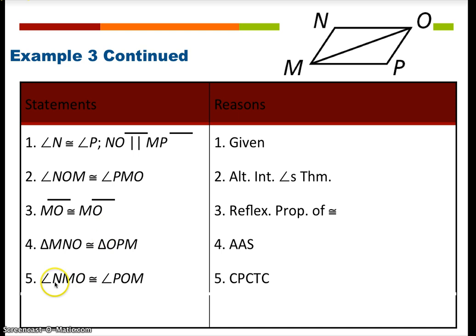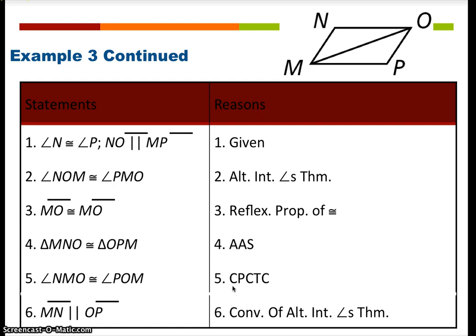So we're going to say that those two angles are equal. Why? Because they're corresponding parts of congruent triangles, therefore congruent. And now that those two angles are congruent, we can say that yes, the lines are in fact parallel by the converse of the alternate interior angles theorem. So because the alternate angles were equal, now the lines are parallel.